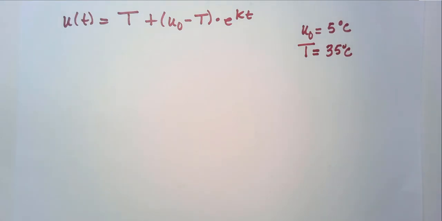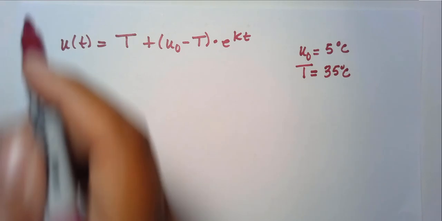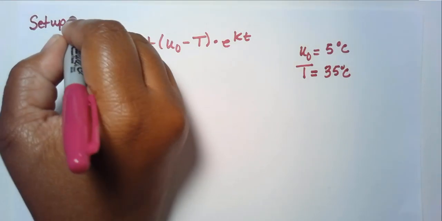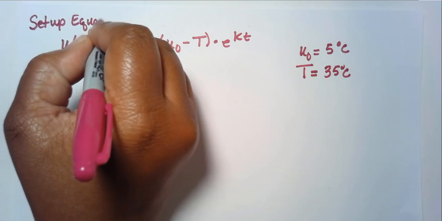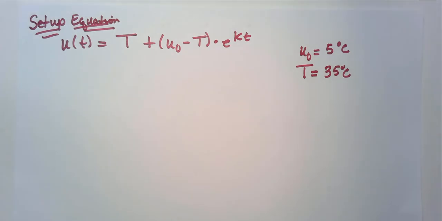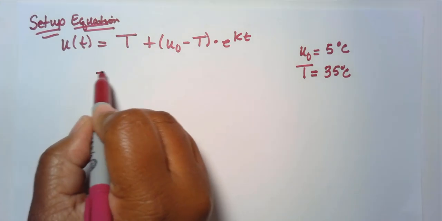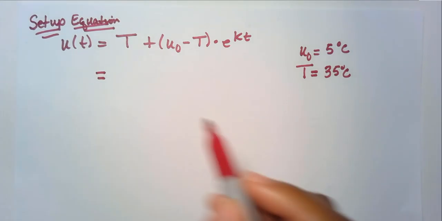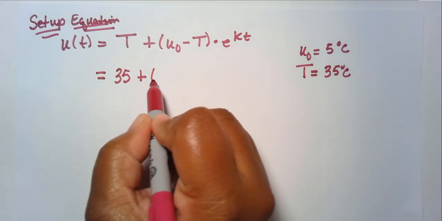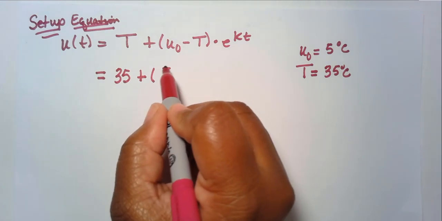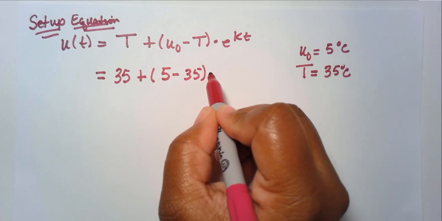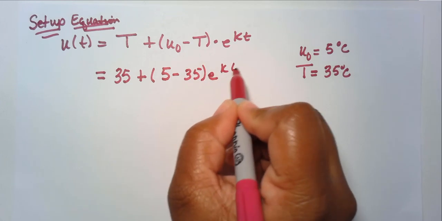Before we can answer the question, we need to set up our equation. Let's plug those values into the formula. We have 35 plus, in parentheses, 5 minus 35, times e to the kt.